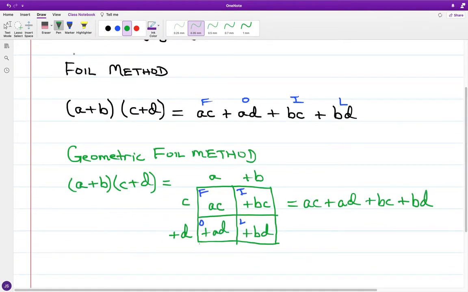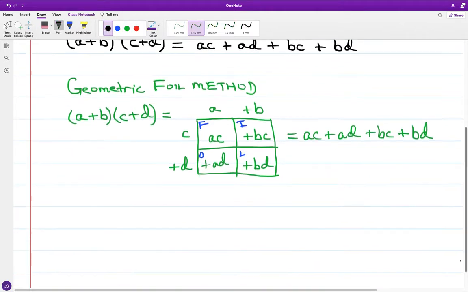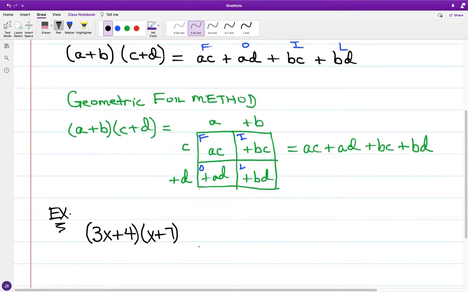Let's say we take examples, and you can utilize either approach. If we're looking at multiplying binomial expressions, for example, let's say you have 3x plus 4 multiplied by x plus 7, and you can go with either FOIL approach.